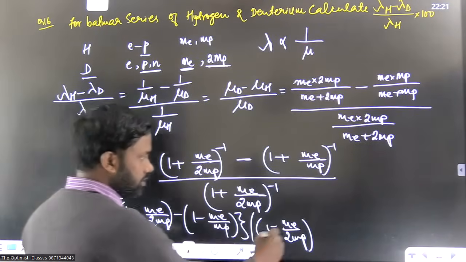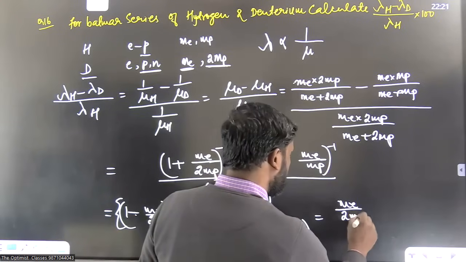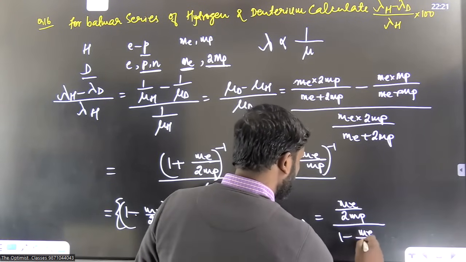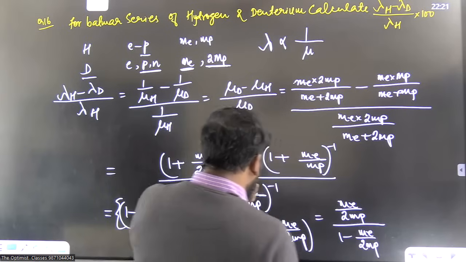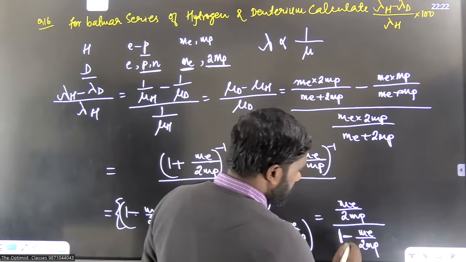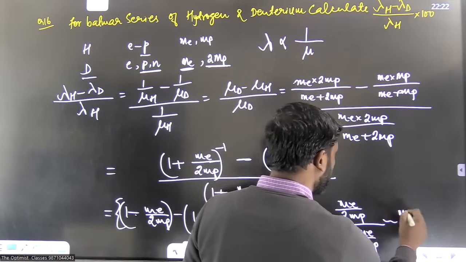So when you subtract, you get me by 2 mp with positive sign, and here you get 1 minus me by 2 mp. So you can neglect this term in comparison to 1, so roughly we get me by 2 mp.